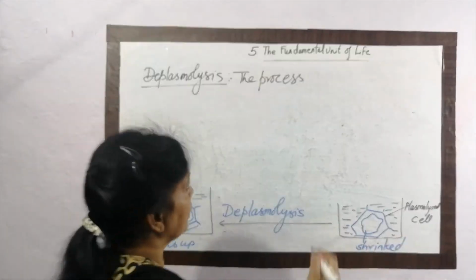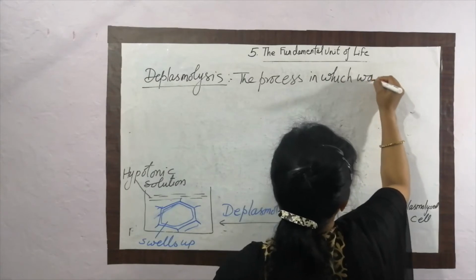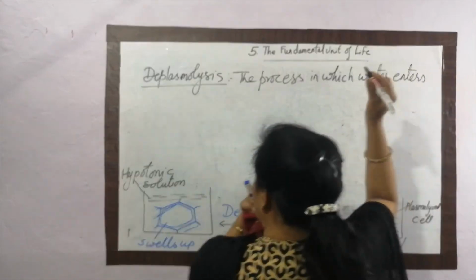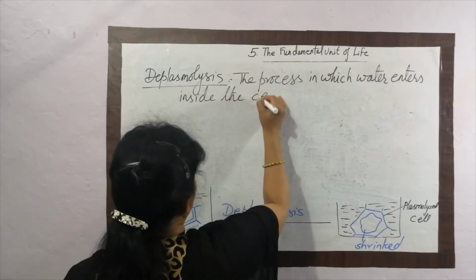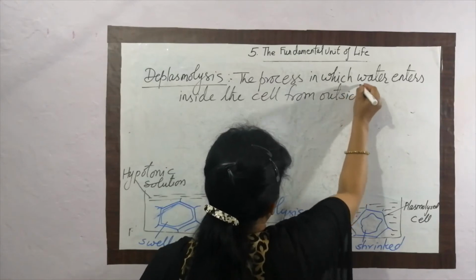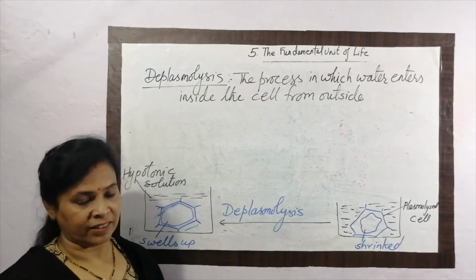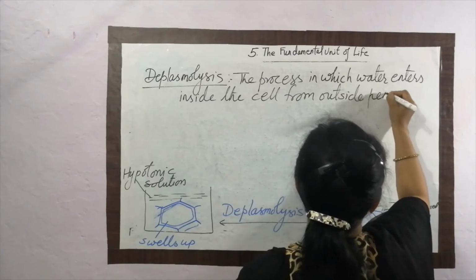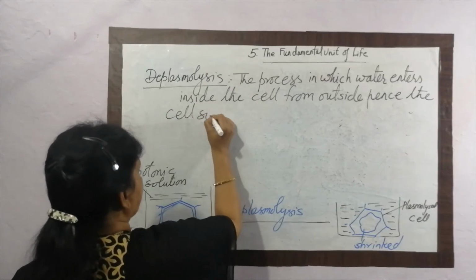It is the process in which water enters inside the cell from outside. ठीक है, बाहर से जो वाटर है वो सेल के अंदर एंटर करता है. ठीक है, और उसके कारण क्या होता है? द सेल स्वेल्स अप. Hence the cell swells up.